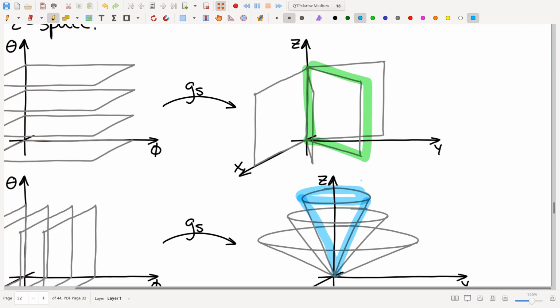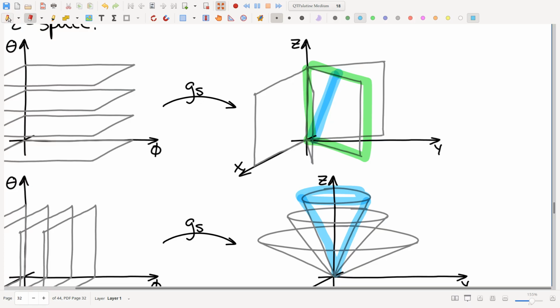The way a cone intersects with this green plane is that there's going to be a sort of ray coming out of the origin. So I like to think of phi slices of my theta slice, I emphasize, as being just rays coming out of the origin inside of the theta plane. Again, nice and flat. Is that cool? Okay.